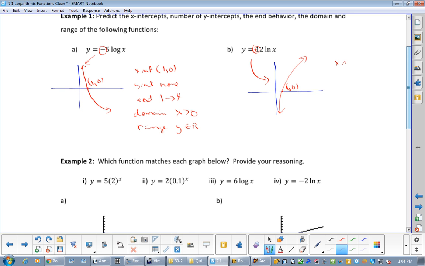X-int, 1 comma 0. Y-int. End behavior. Four to 1. Domain. Range.